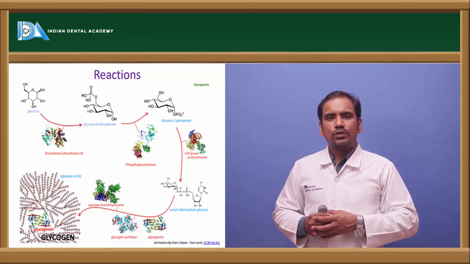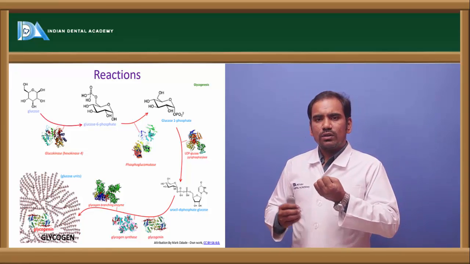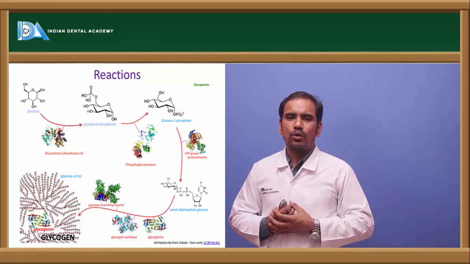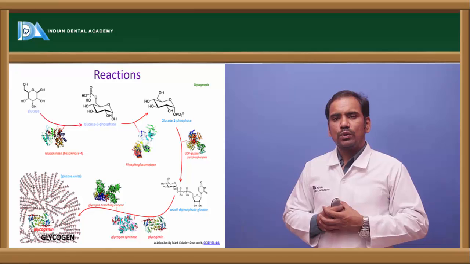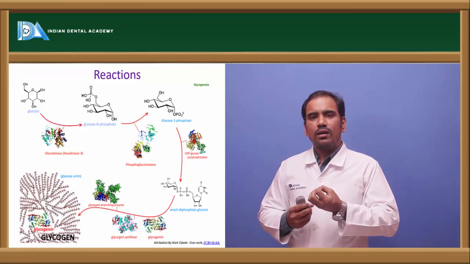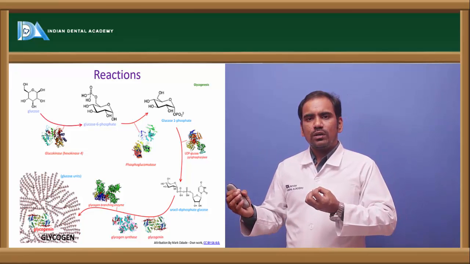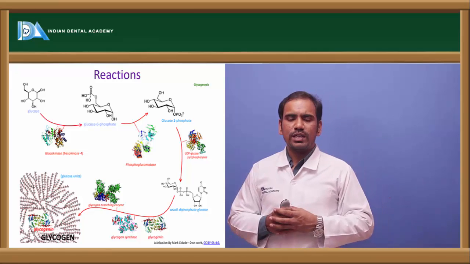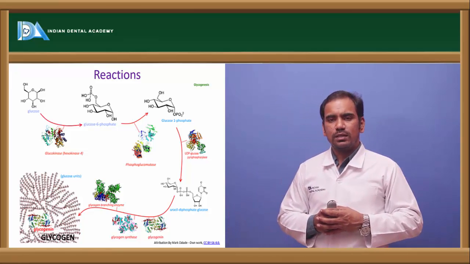To that pre-existing glycogen, glucose units are added by the action of the enzyme glycogen synthase. Glycogen synthase catalyzes the addition of glucose units from UDP glucose to the glycogen primer. So the key enzyme of glycogenesis is glycogen synthase.